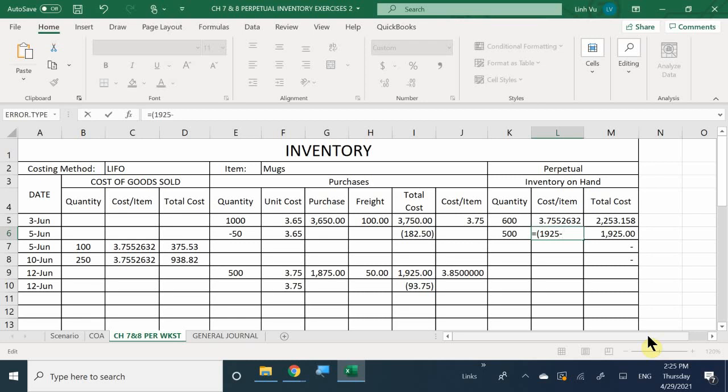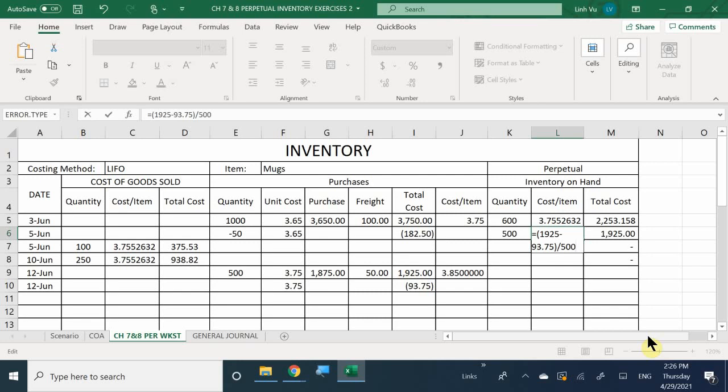You're going to subtract out the 93.75 because that's what you got a discount for. And once again, you're going to type all this in because we have to keep our cost per item to be the same. And I have to divide the whole thing by 500 because that's how many goods I have available.